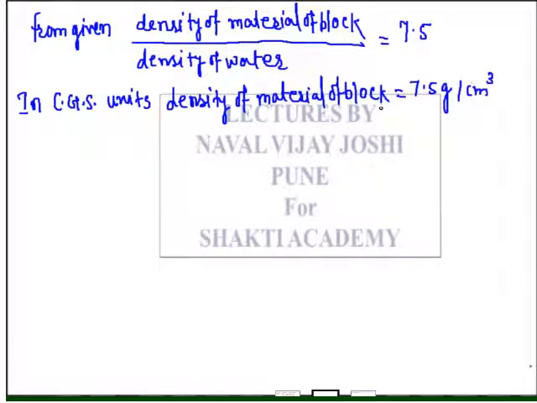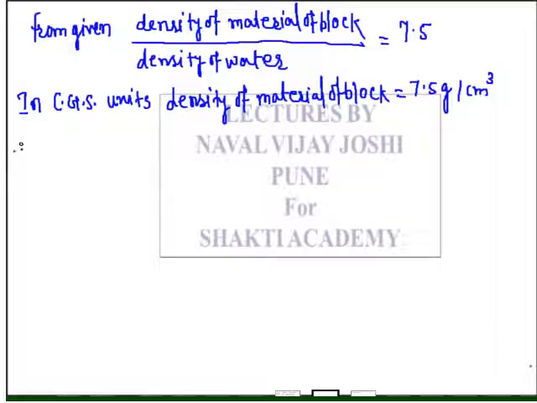Okay, this is the benefit of CGS system, because in CGS system the density of water is 1 gram per cm cube. Understood? So if I replace this 1 gram per cm cube in the denominator, then directly I would get the density of material of block as 7.5 gram per cm cube.